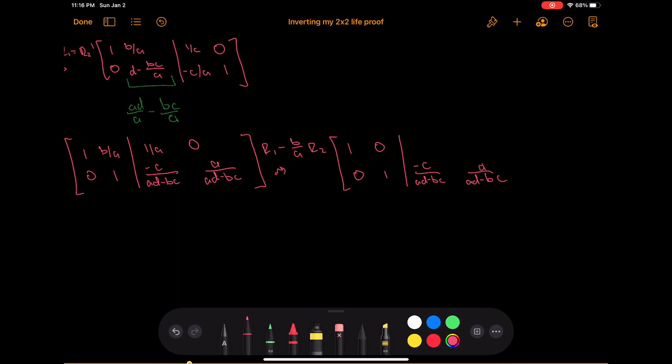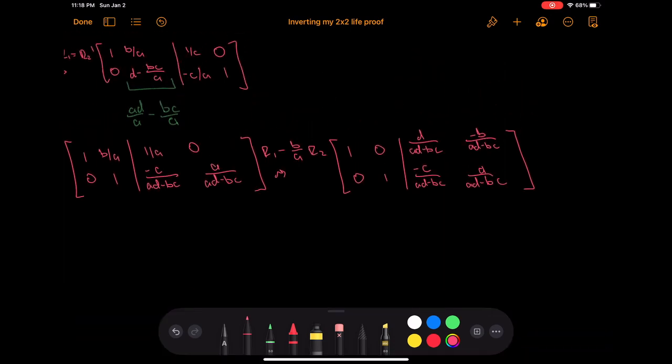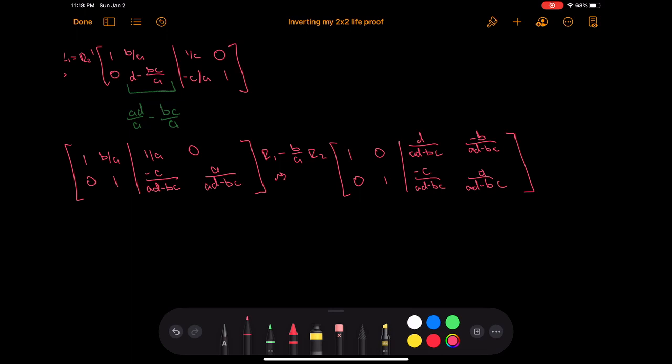So what ends up happening is we get D over AD minus BC, and the second column would be negative B over AD minus BC. You have to do a little bit of algebra to get this, but you should be able to get it. On the left side we have the identity, so the right side would be our answer.